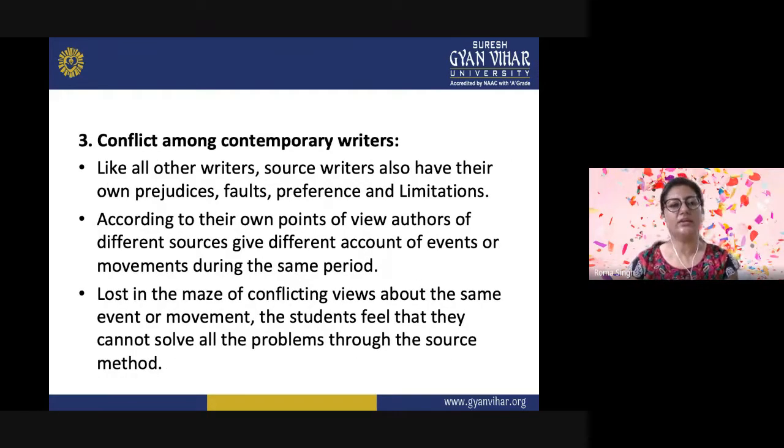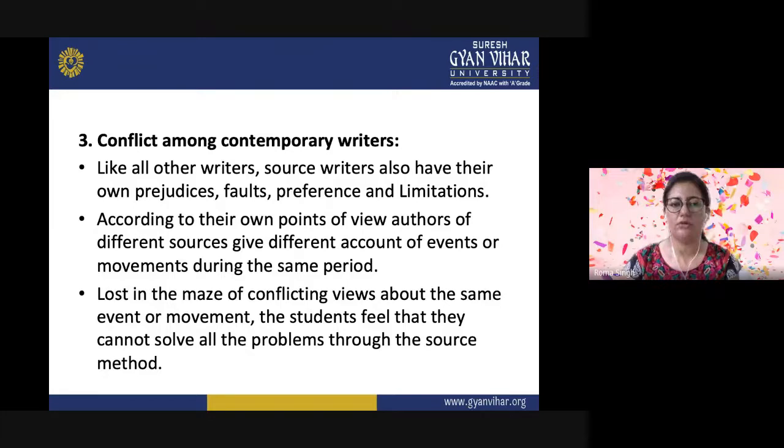Then there are certain conflicts among the contemporary writers. They do not agree upon the things which have been mentioned. Like all other writers, source writers also have their own prejudices, faults, preferences, or limitations. So according to their own points of view, authors of different sources give different accounts of events or movements during the same period.